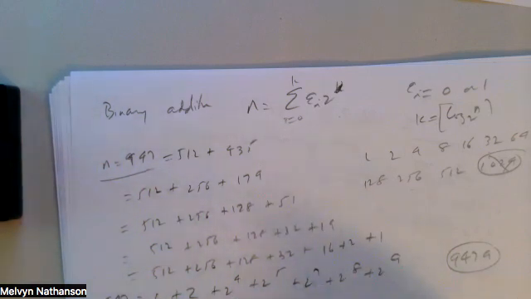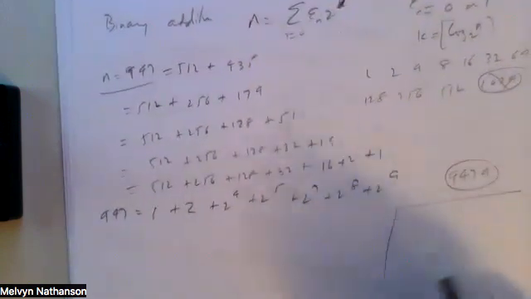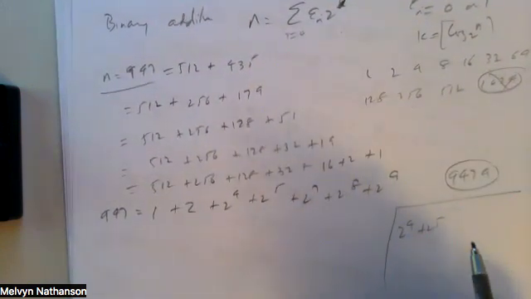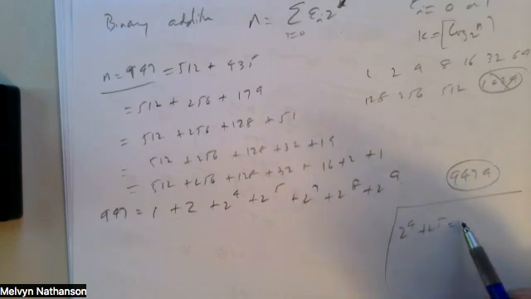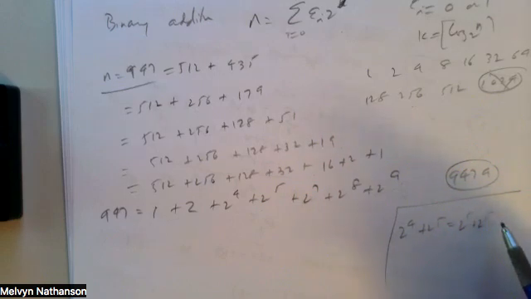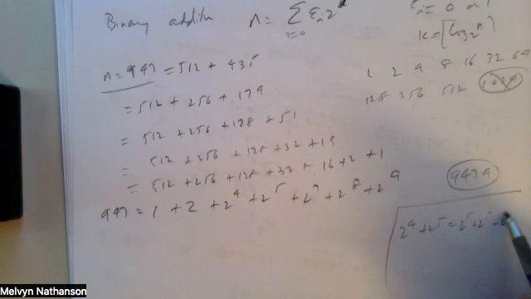What is 2 to the 4th plus 2 to the 5th? It is 2 to the 5th plus 2 to the 5th minus 2 to the 4th, is that right?